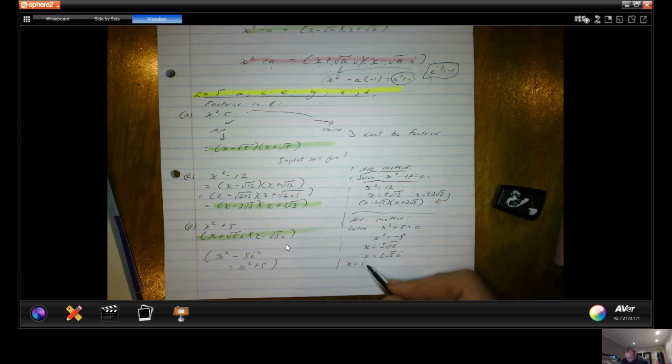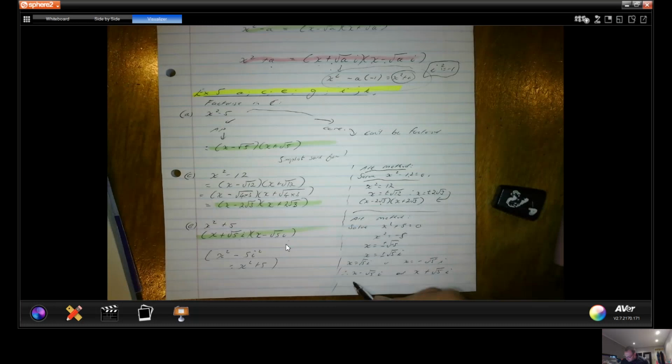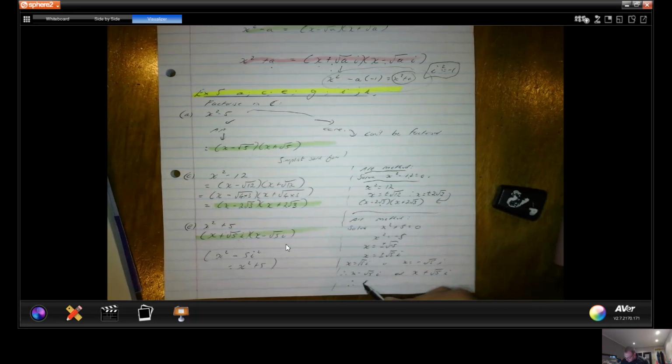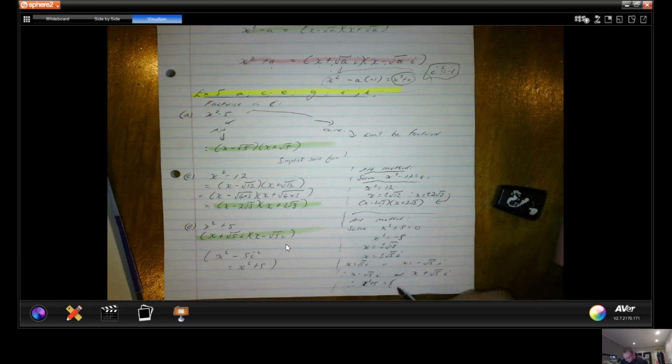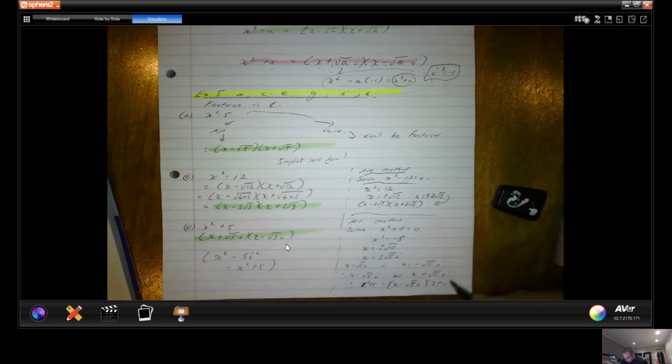So if x is equal to root 5 i, or x is equal to minus root 5 i, which is just an alternate method (I prefer this), it means that x minus root 5 i is a factor, and x plus root 5 i is a factor, and if I multiply them together, x squared plus 5 will factorize into the product of those two things. So x minus root 5 i, x plus root 5 i.